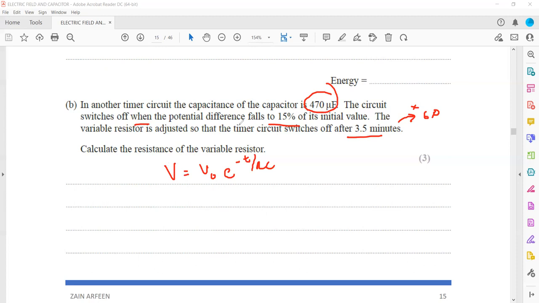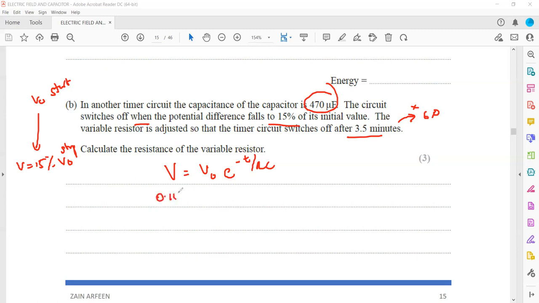It started with a maximum voltage V naught and it switched off, as I mentioned, when the potential difference falls to 15%. So this is the value at which it will stop working. So V is equal to 15% of V naught; that is the start and this will be the stop. 15% means 0.15.